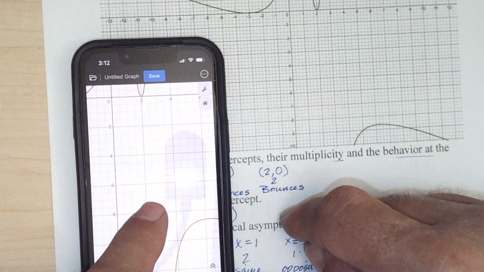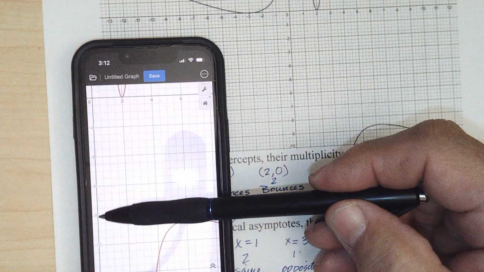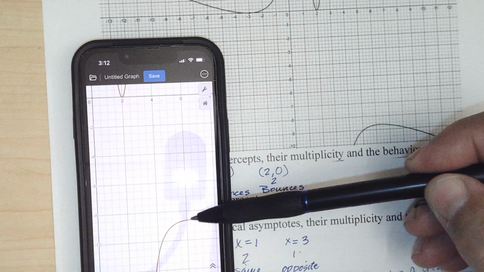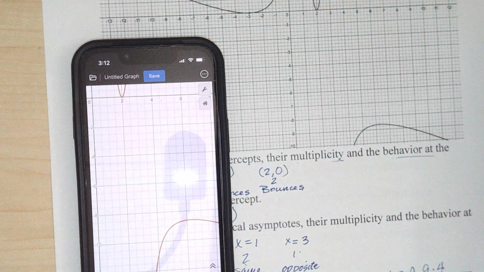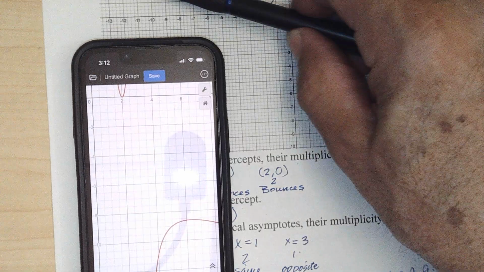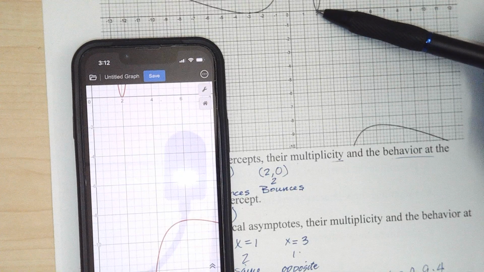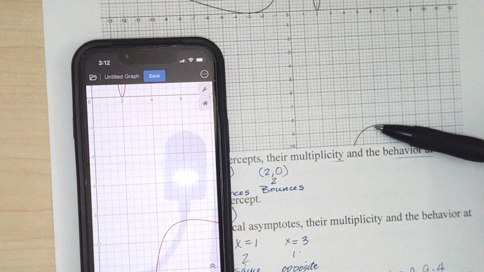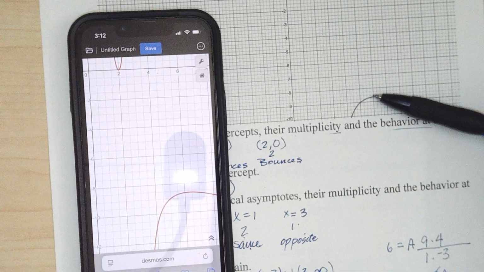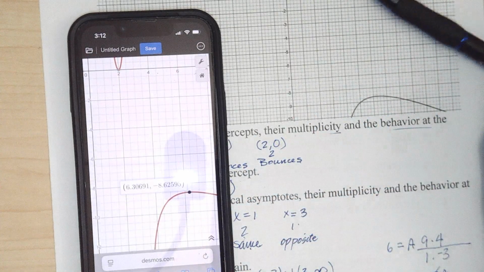But yeah, notice this is at -8, -9, so -8.60 something. It asked us to find maximums. Well, this is a minimum, that's a minimum, and there's a maximum. So we could just look at the graph we have there, but we can get an even better answer by tapping on there.